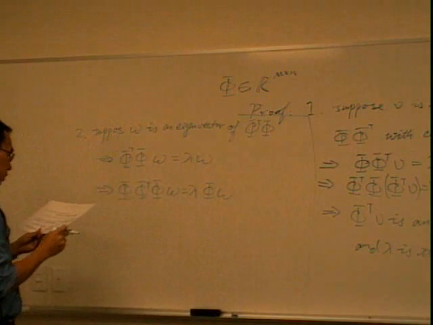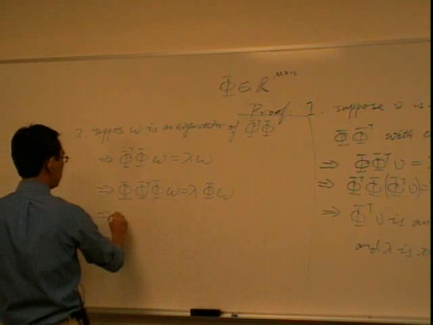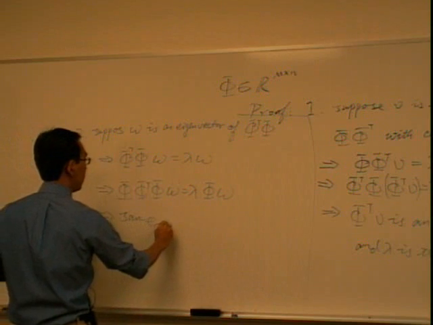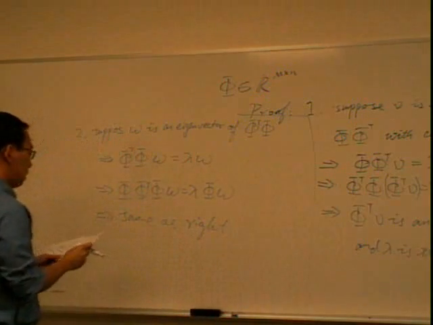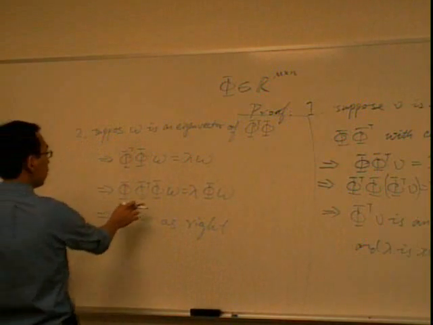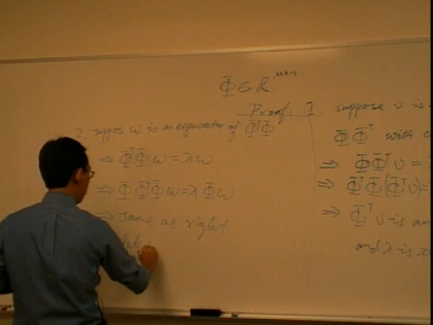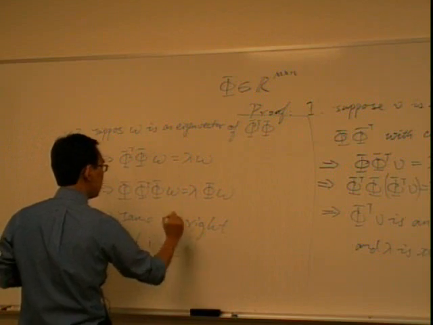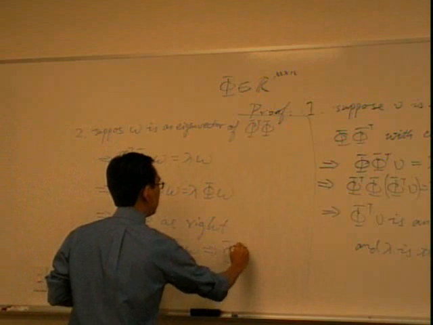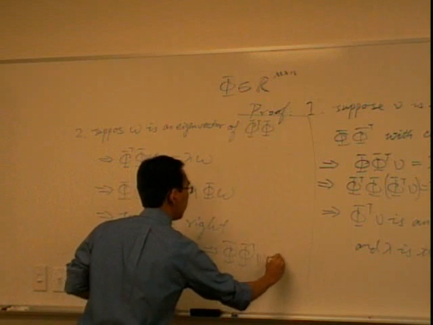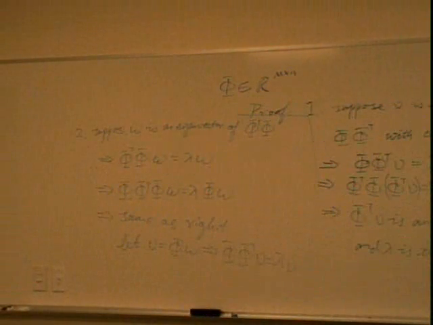Okay? Now, with the same argument, let v equal phi times w, then it means phi phi transpose v equals lambda v. Okay? So that's what we have.